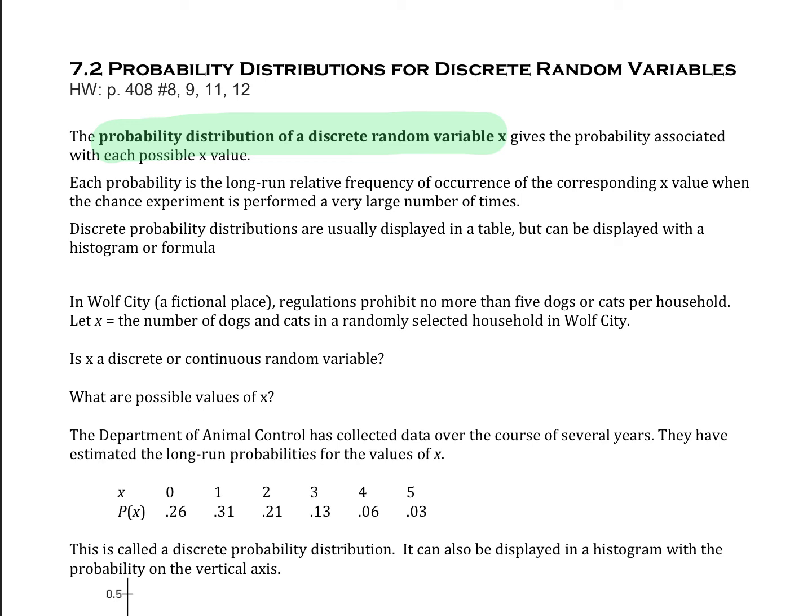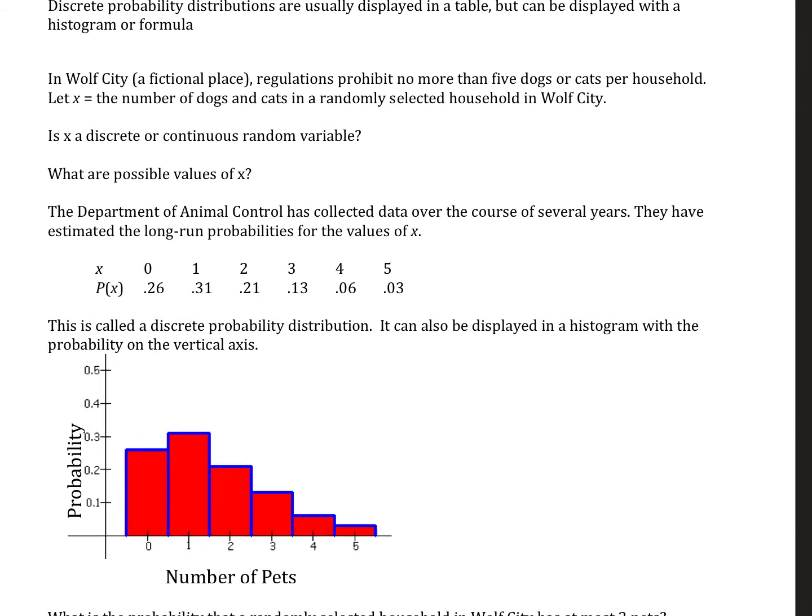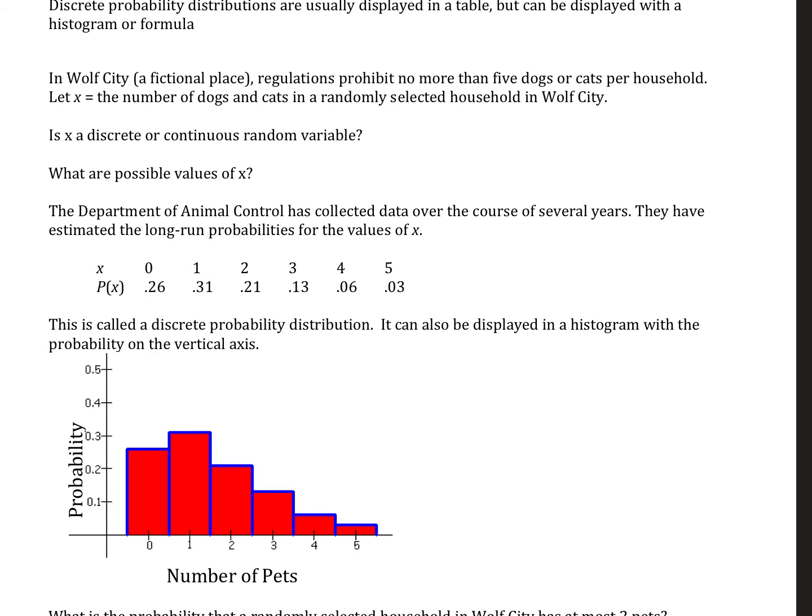Again, we have a discrete random variable x, and it's discrete, so it can only take on some isolated number on a number line, usually an integer. And so it's a table that shows every single possible value and its probability.